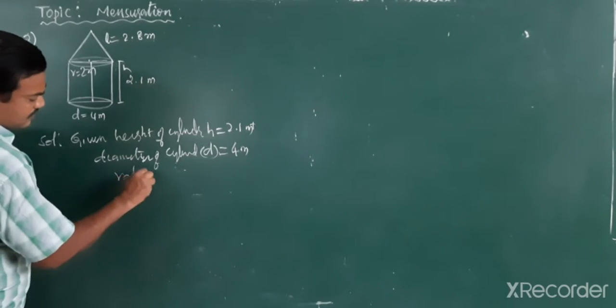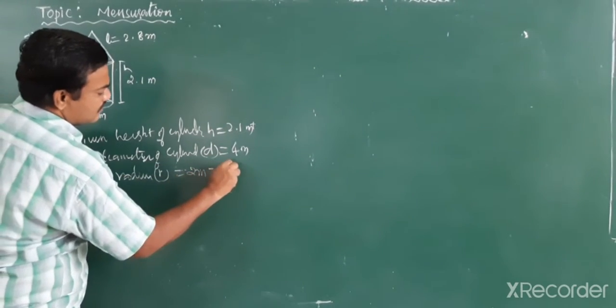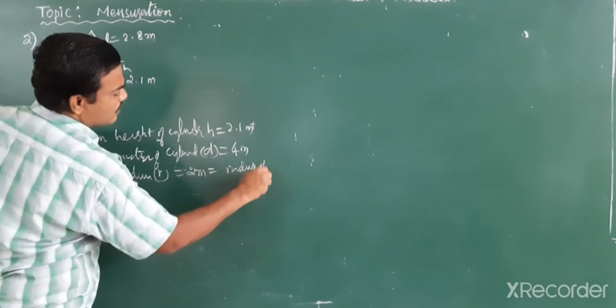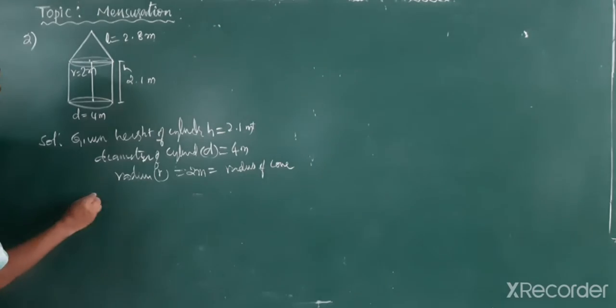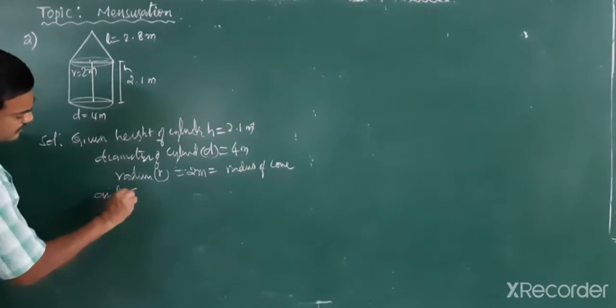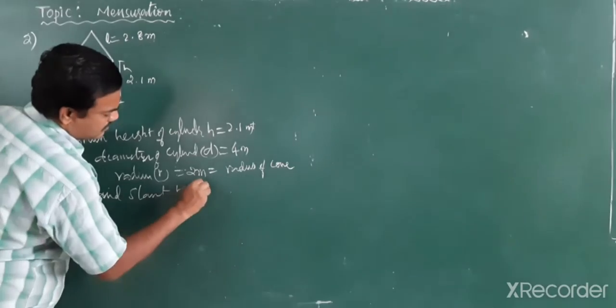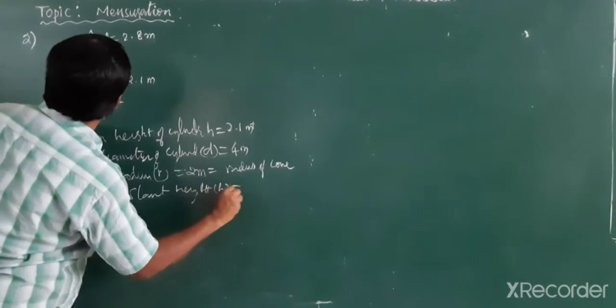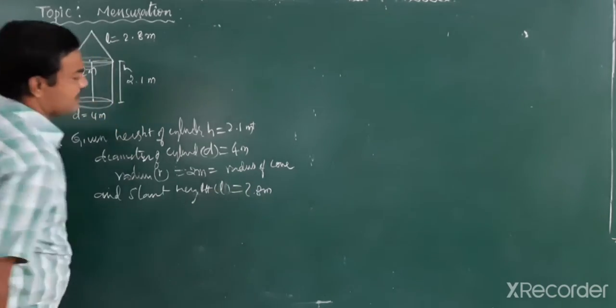Radius R is equal to 2 meters, that is the radius of cone, same as the radius of cylinder. And slant height L is equal to 2.8 meters.